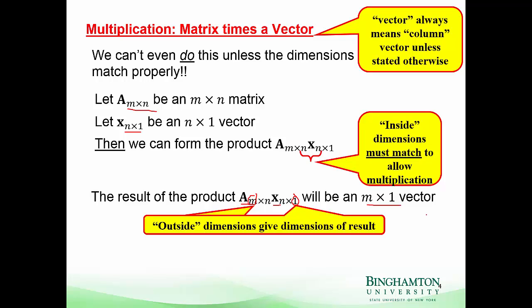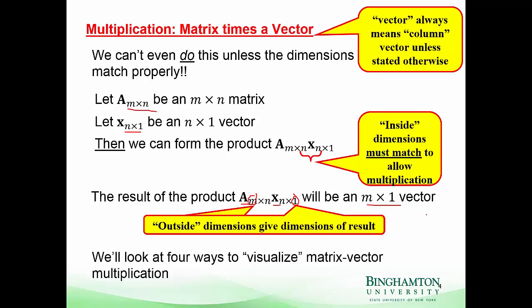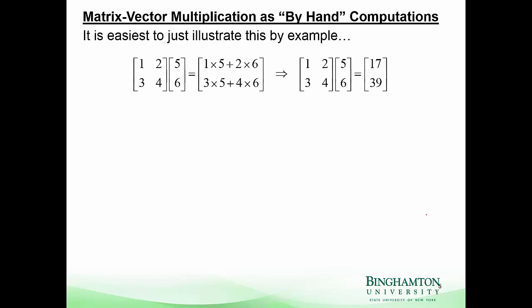So you can always puzzle out what the size is going to be, and you can always puzzle out if the sizes are correct for allowing the multiplication. To see what this actually does, if I gave you an m by n matrix and an n by 1 vector, what does it mean for that product? That's what we'll take a look at next.